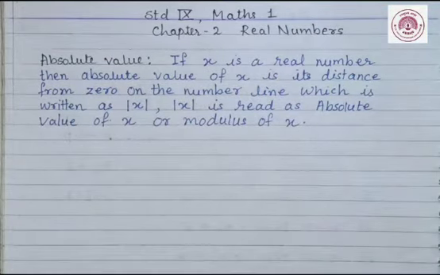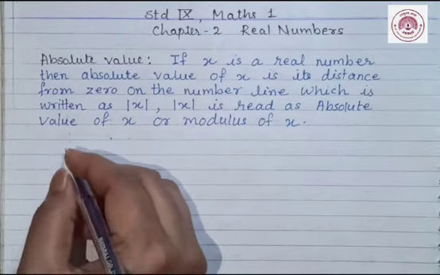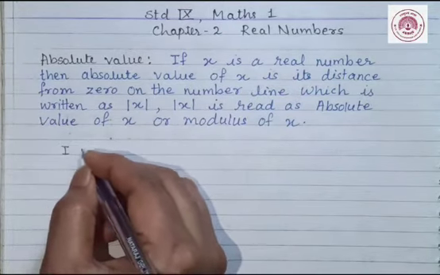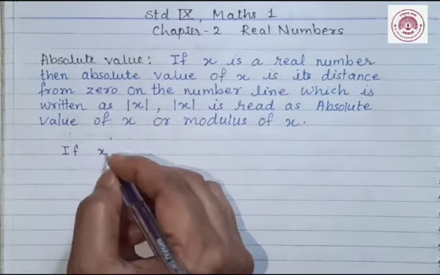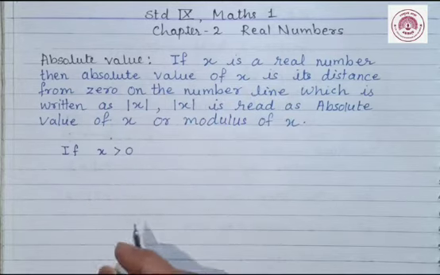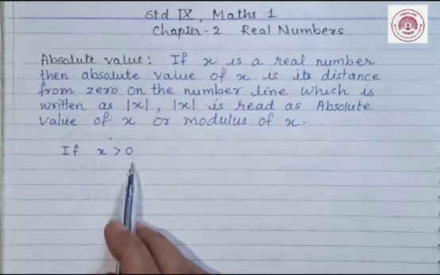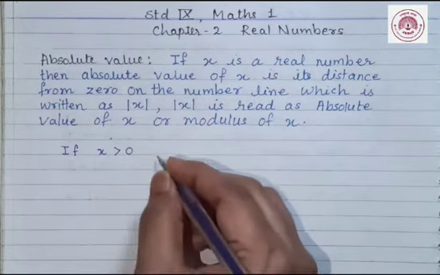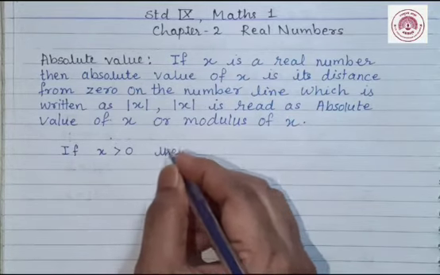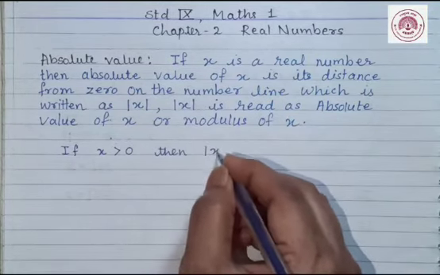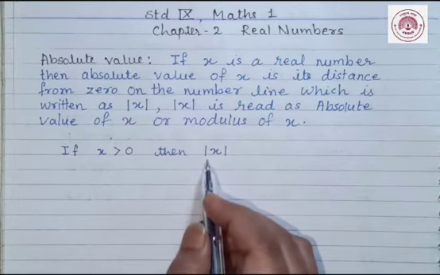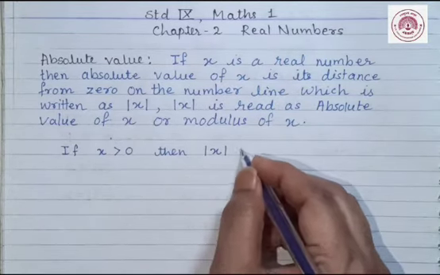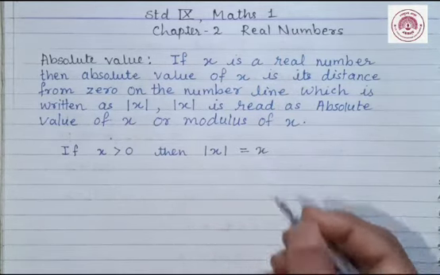So if x is greater than 0, which means x is a positive number, then the absolute value of x, or modulus of x, is equal to x.